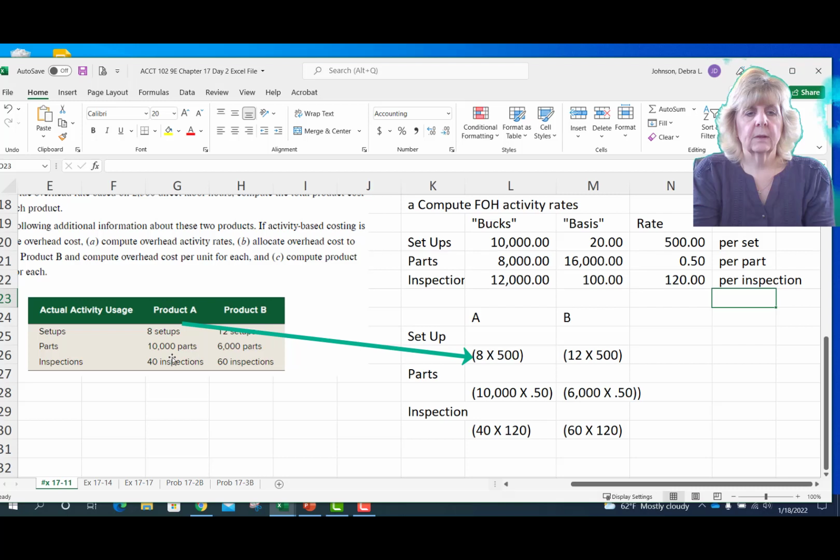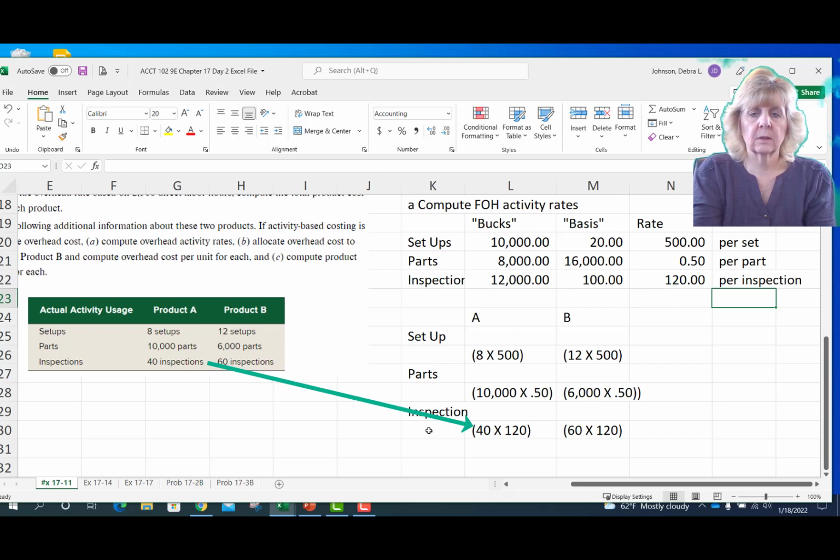With the parts, 10,000 times 50 cents a part, and 6,000 times 50 cents a part. And then finally for inspections, 40 inspections at $120 per inspection, and product B took 60 of those inspections.